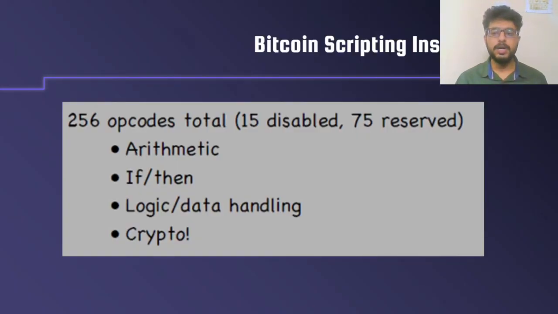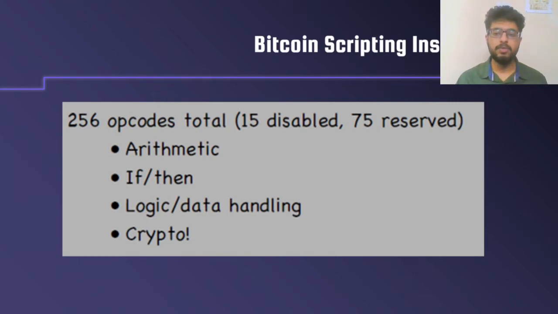So, a little bit more about the Bitcoin scripting language. It is very small. There is room for only 256 instructions because each one is given one byte. Out of these 256 instructions, 15 of them are currently disabled, so you can't use them at all.